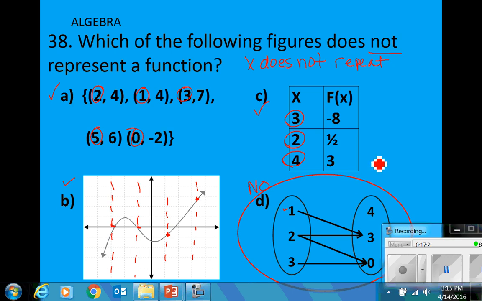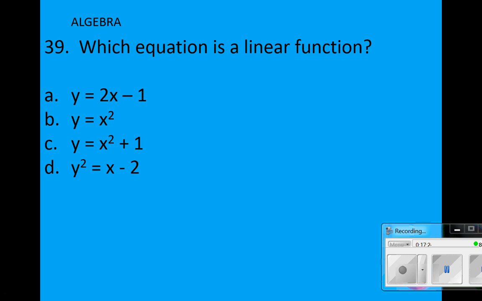Question 39. Which equation is a linear function? Keep in mind, this year, 8th grade has focused only on linear functions. You have graphed linear functions, and you have used them in word problems, but the only kind of functions that you have used throughout the year. So you need to look at these equations.